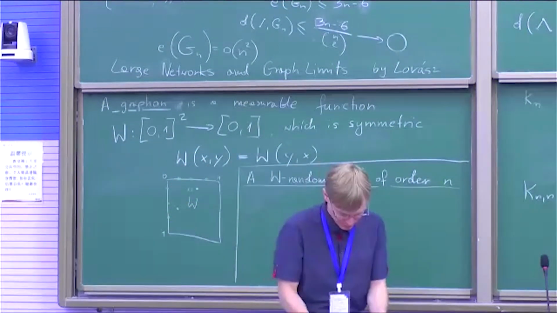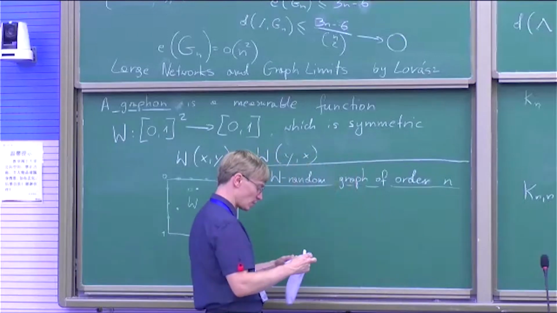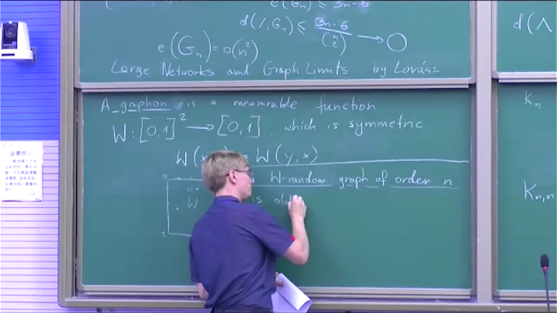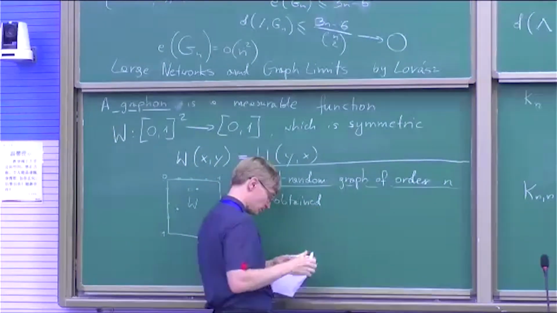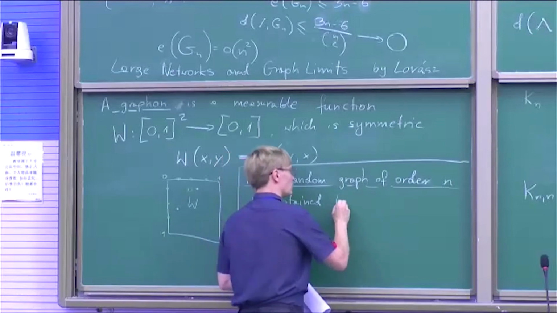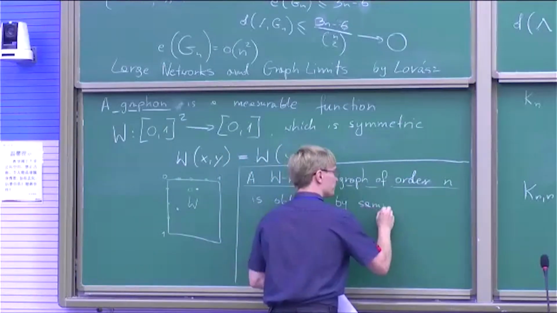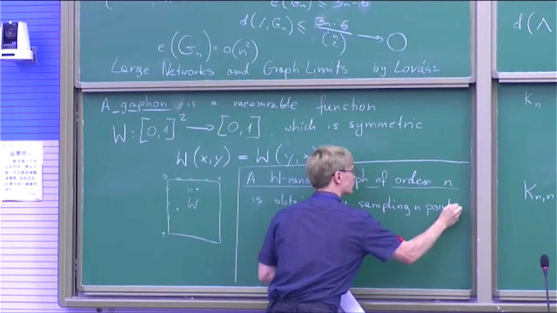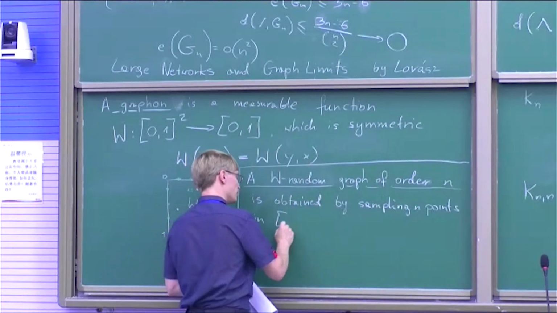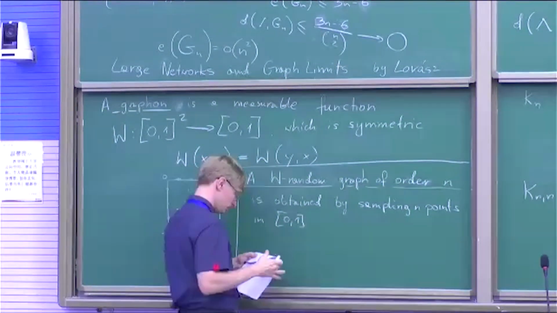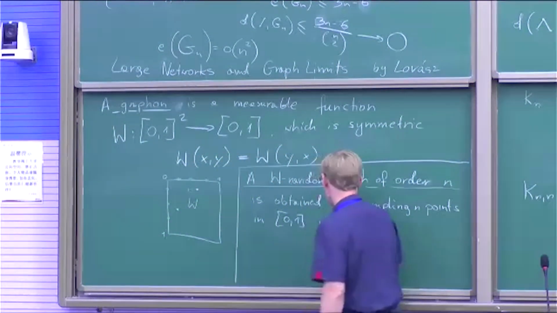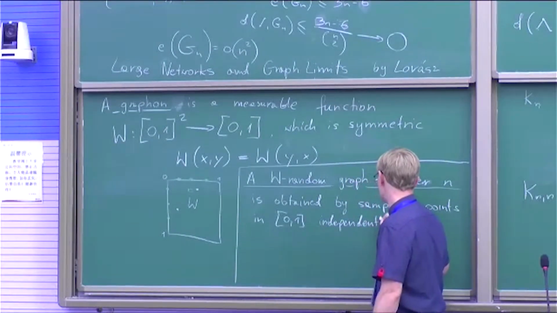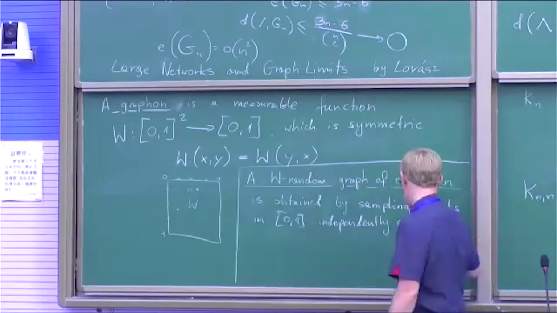And by probability, I just mean the value of the graphon in this point. So let me be more precise. Such a graph is obtained by sampling n points in the [0,1] interval independently and uniformly at random.